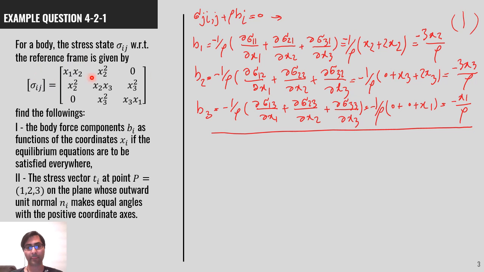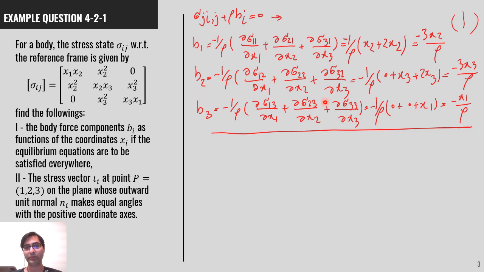You see here, partial sigma 21 partial x2 is 2x2, you have it from here, and partial sigma 31 partial x3 is 0 basically. So b1 becomes minus 3x2 divided by rho.